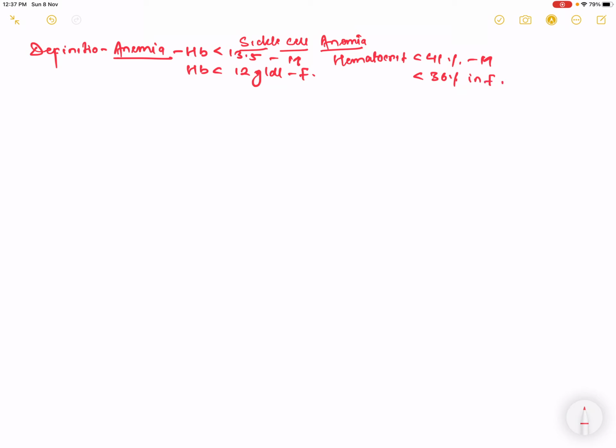So it is a type of anemia in which the RBCs turn sickle-shaped. So what happens when RBC turns sickle? Basically, the normal shape is biconcave.